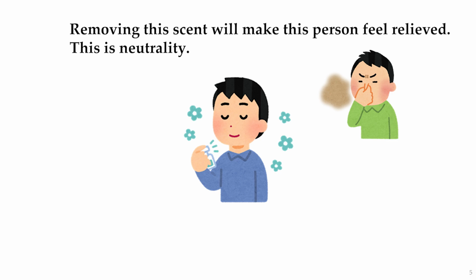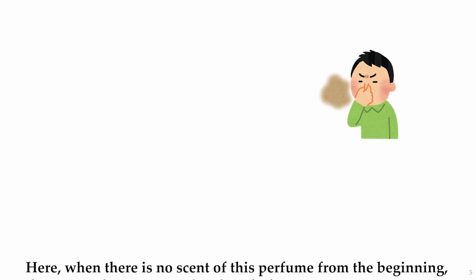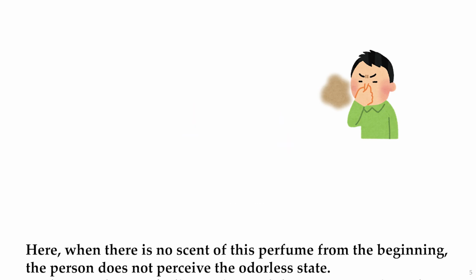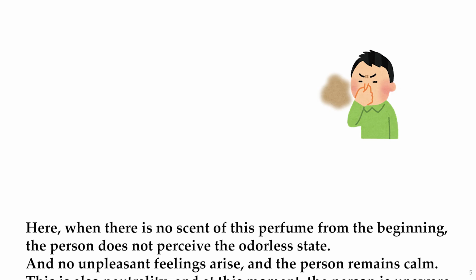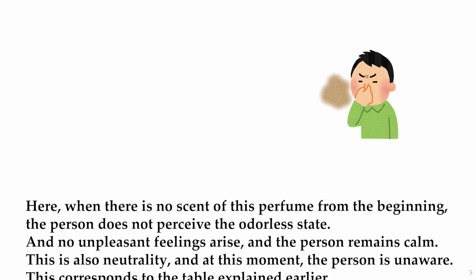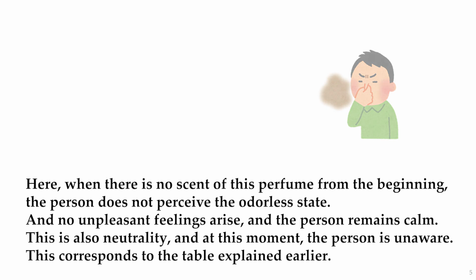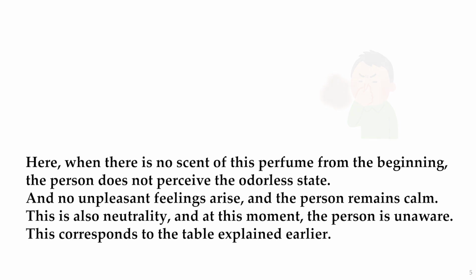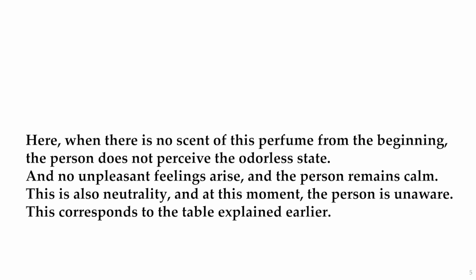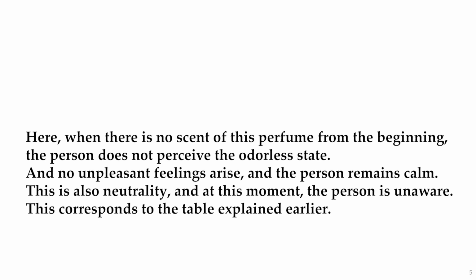Therefore, removing this scent will make this person feel relieved. This is neutrality. Here, when there is no scent of this perfume from the beginning, the person does not perceive the odorless state. And no unpleasant feelings arise, and the person remains calm. This is also neutrality, and at this moment, the person is unaware.